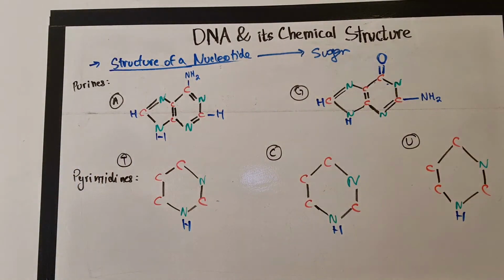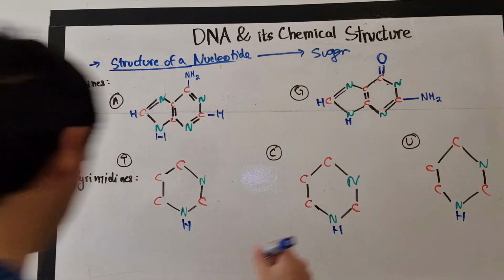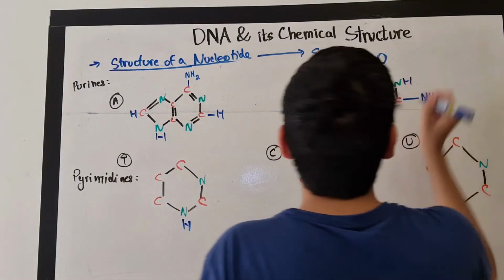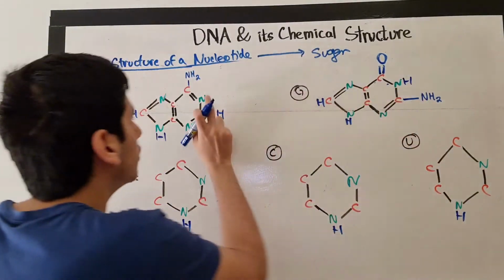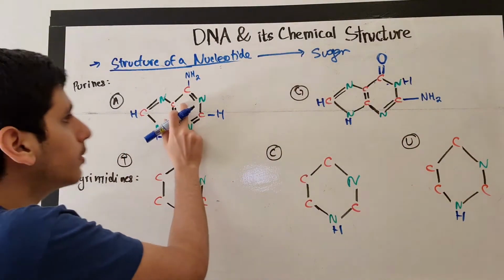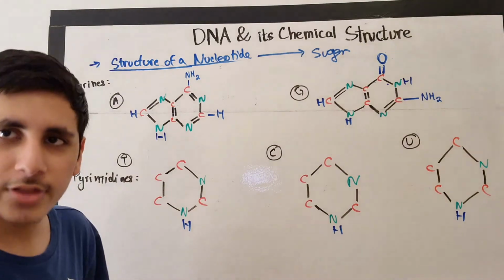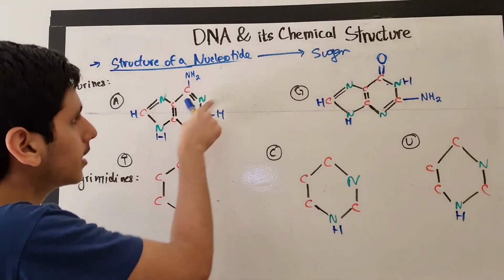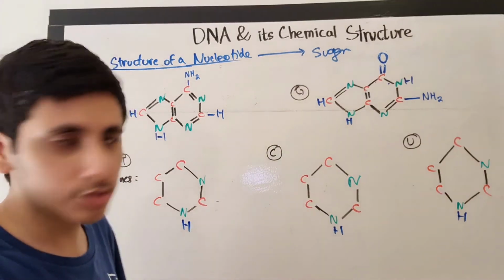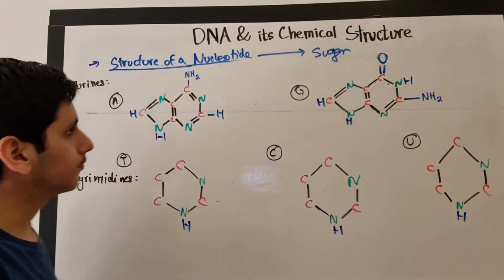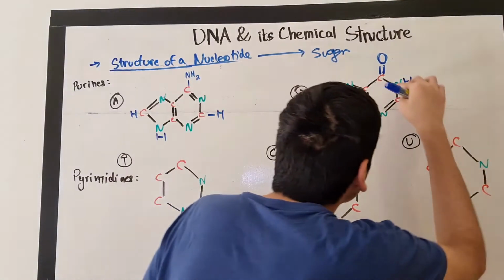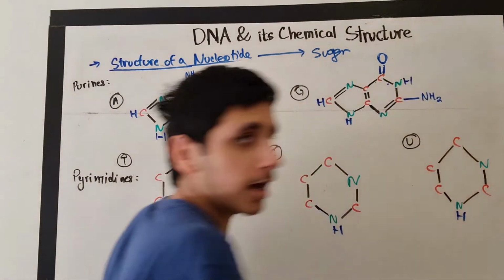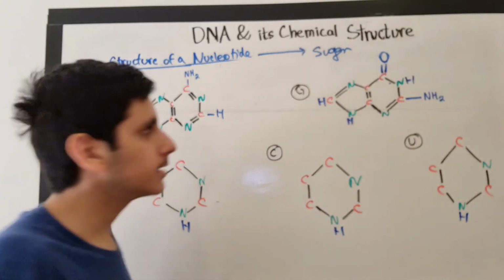Okay, so let's move on to pyrimidines. I forgot to mention this hydrogen over here, no hydrogen over here because there's a double bond. There's no double bond. So that's just the logic, and you just have to understand. If there's a double bond here, I know that nitrogen is sharing its third electron with carbon. But since there's only two bonds over here, there has to be a hydrogen by default.